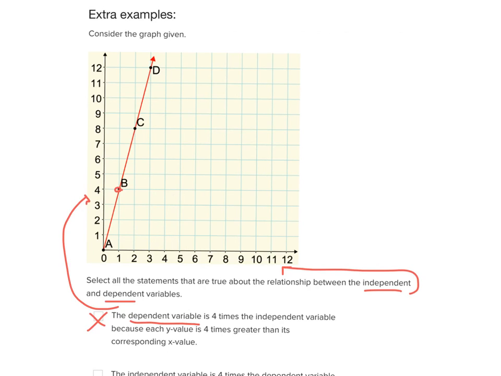So the ordered pair for this is 1, 4. So the independent variable is the first part of the ordered pair, and the dependent variable is the second part. So yes, the dependent variable is 4 times the independent variable because each y value is 4 times greater than its corresponding x value. Correct.